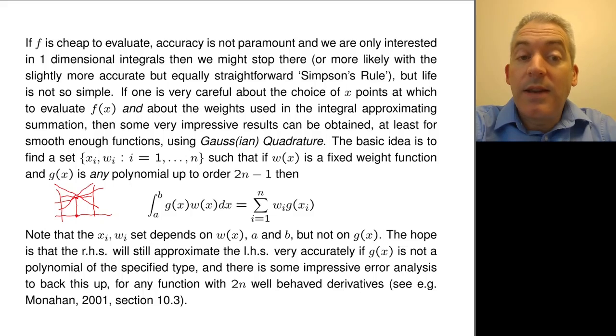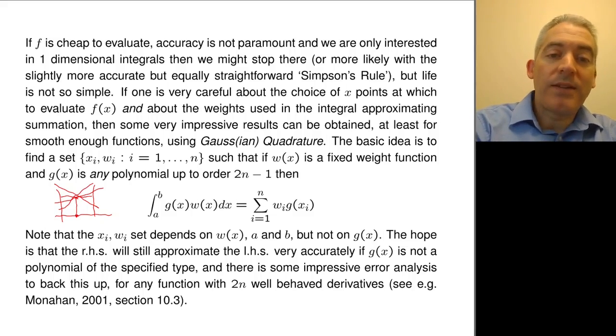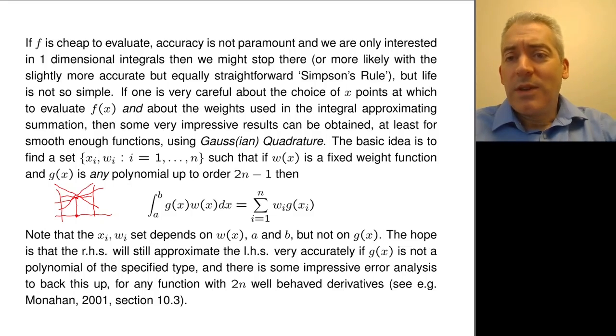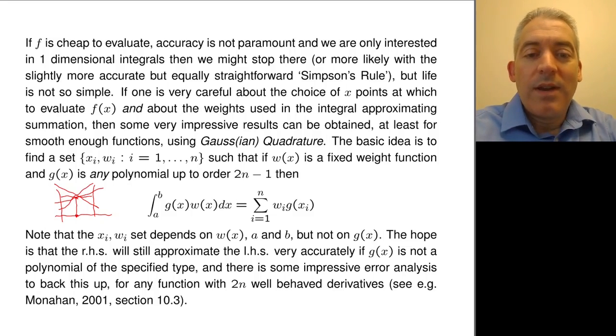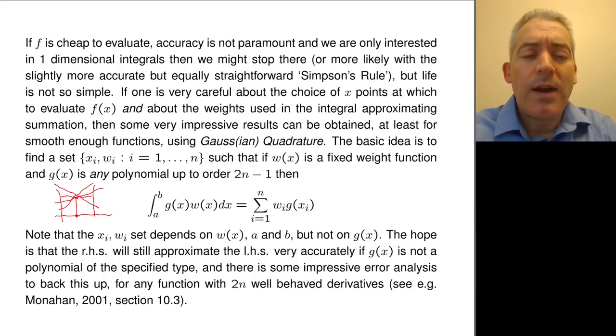Okay, so that's the idea. So with just n function evaluations, you can figure out the integral of any polynomial up to order 2n minus 1 exactly. But then, of course, you can say, well, how do we get the weights? How do we get the nodes? Well, that's a bit beyond the scope of this course, but we'll see how we can do this computationally in R.